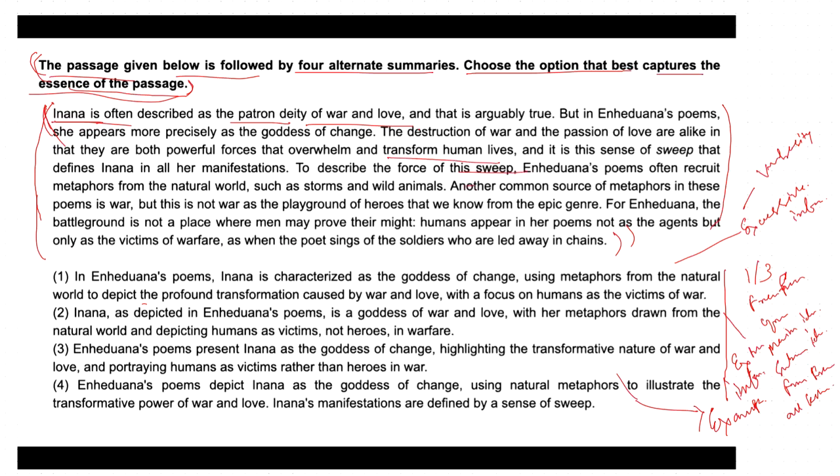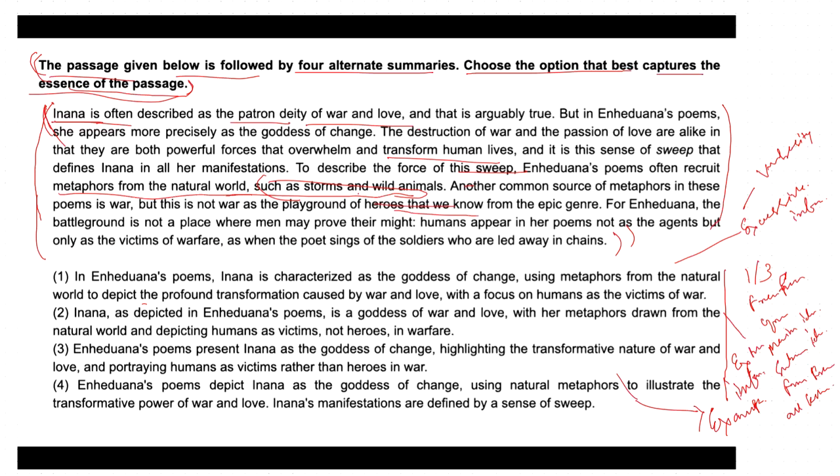Metaphors from the natural world, such as storms and wild animals, are used to illustrate the profound changes brought about by these powerful forces, and humans are depicted as the victims rather than the heroes of warfare. So these are the things clearly stated in this particular original text.